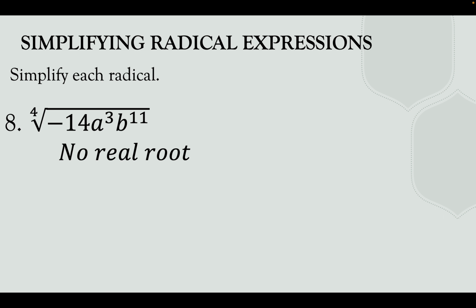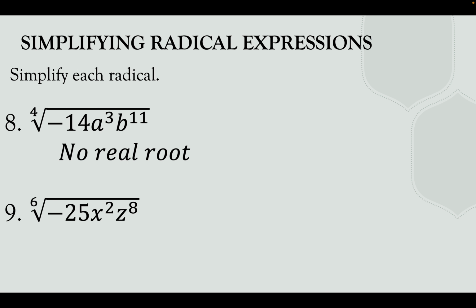Again, if your radicand is a negative value and your index is an even number, that is 2, 4, 6, 8, 10, 12, and so on, that means the answer is no real root.